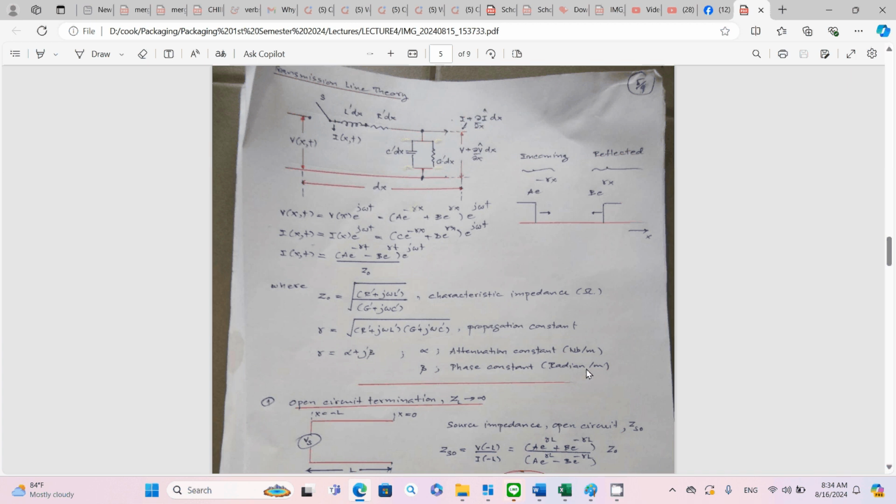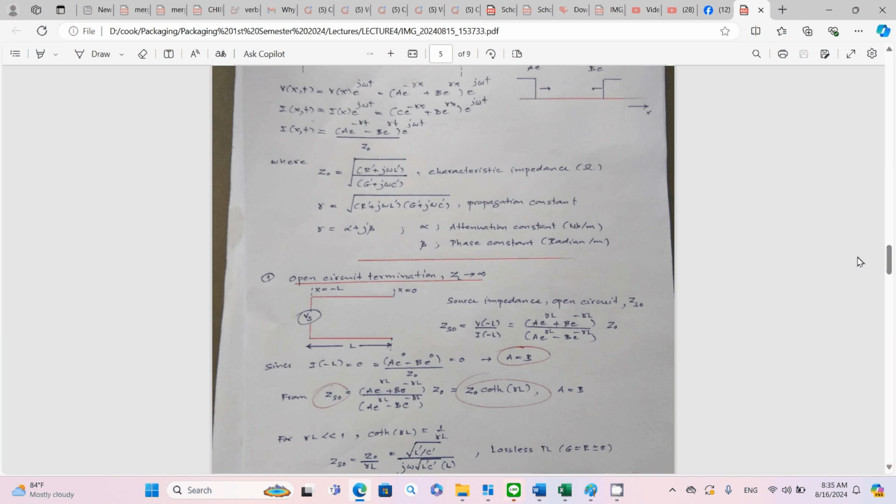You can see that when the signal goes along the transmission line, your phase is going to be different, because this is in units of radians per meter. And your propagation constant also can be written in this form in terms of distributed parameters. Okay, just to remind you before we move on.